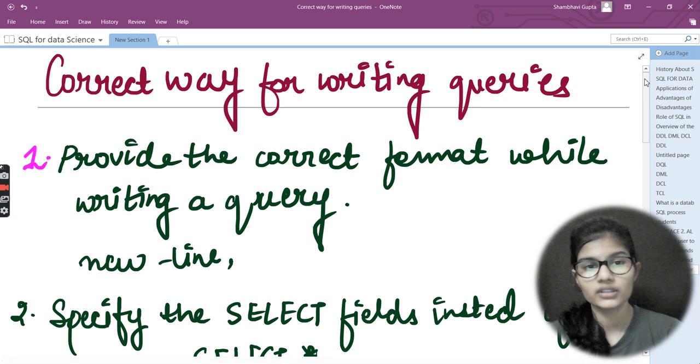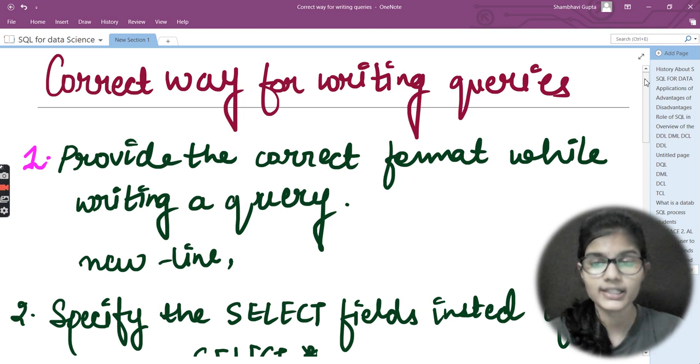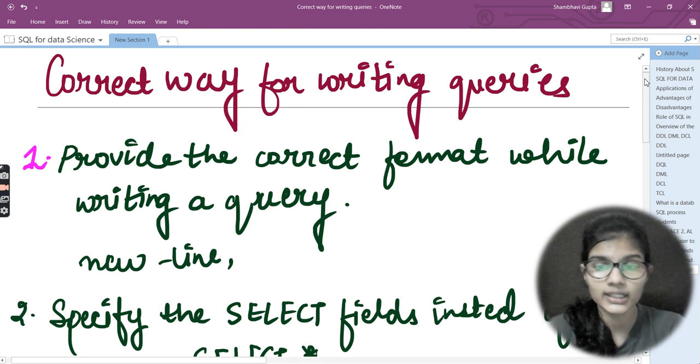And what are all of these things doing? These all are saving that time for you, right? The first one was enhancing the readability, enhancing the executability, right? The rest of the rules, the rest of the ways which I told you, are all used for saving time, because wherever you'll be dealing with SQL queries, you will be having a lot of large databases in which you'll be running these queries.